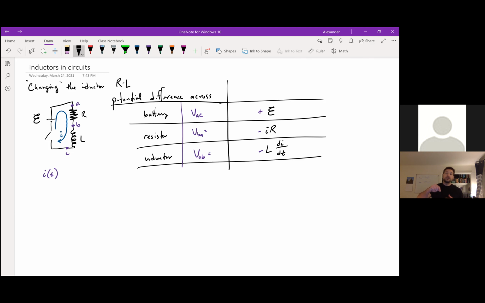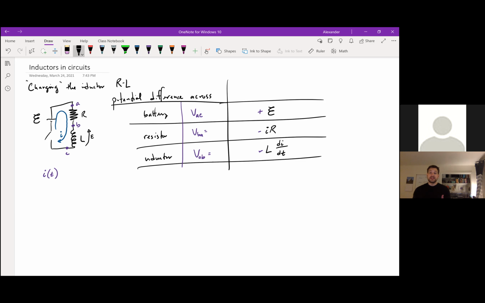Now, if the current is increasing in the indicated direction, clockwise, the induced EMF is in the opposite direction from the induced voltage.